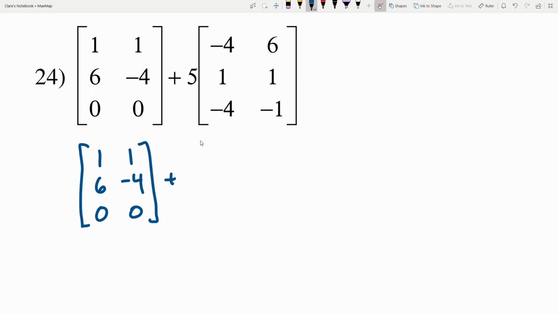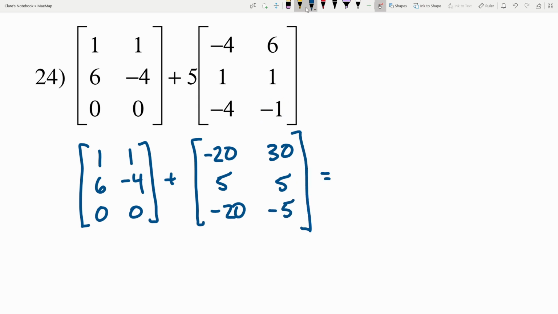And I'll add that to, let's do this math in our head. 5 times -4 is a -20. 5 times 6 is 30. 5 times 1 is 5. 5 times 1 is 5. 5 times -4 is a -20. And then 5 times -1 is a -5.